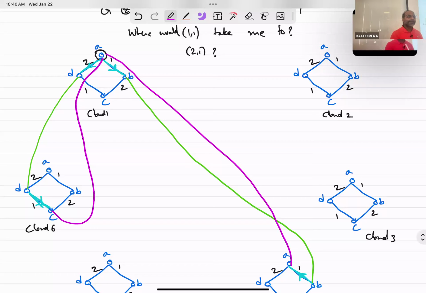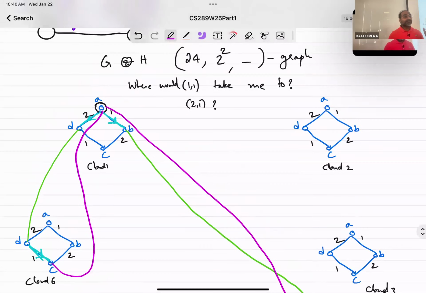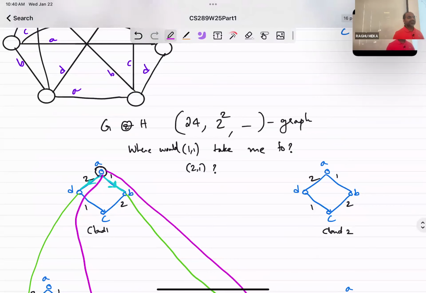You have to fix it. To define the thing, you have to fix it. It can change based on how you're changing the labeling. In this case, you'll probably get something isomorphic, but not in general.